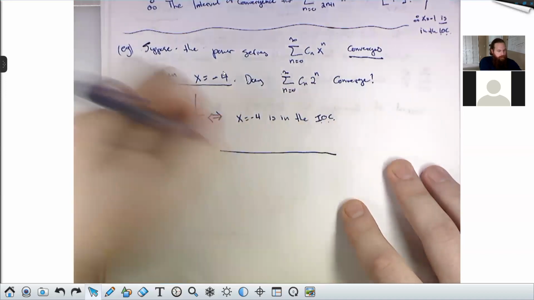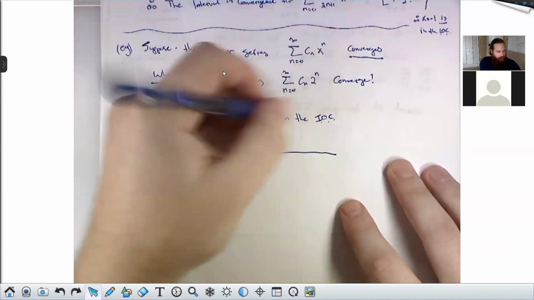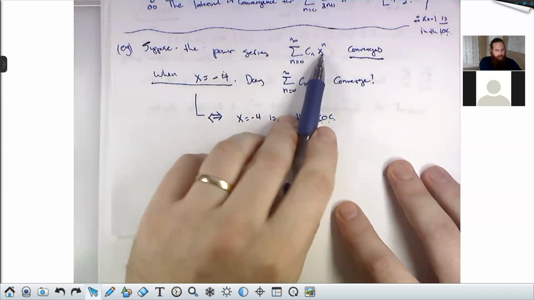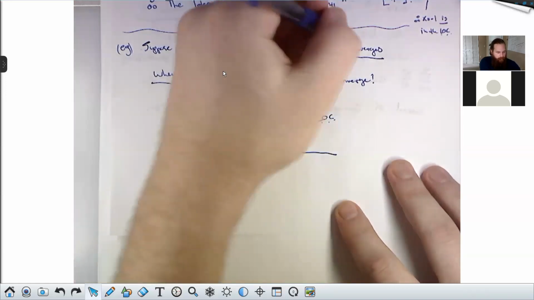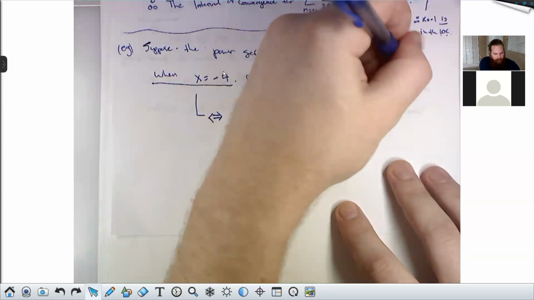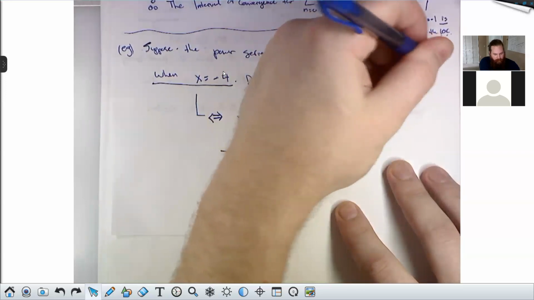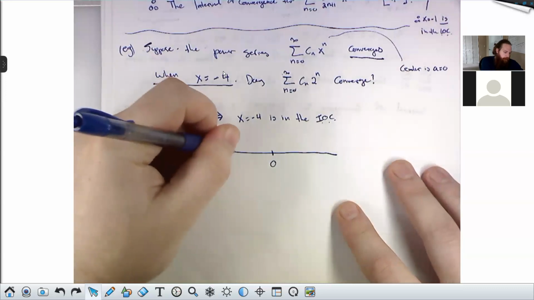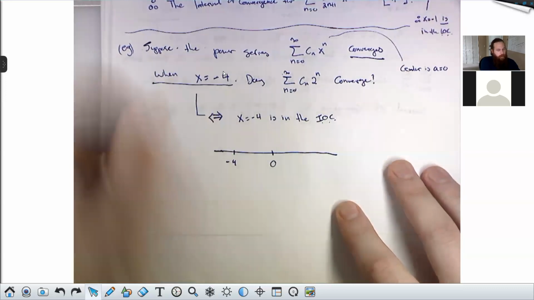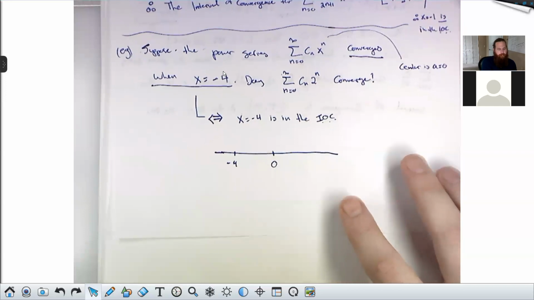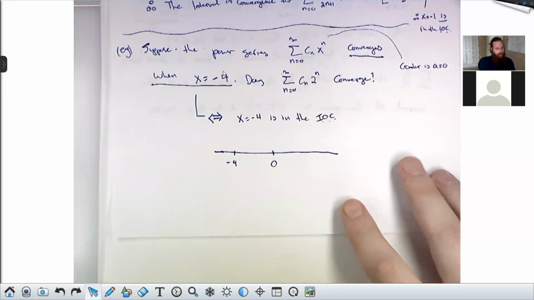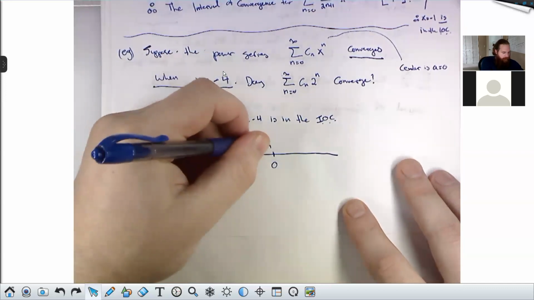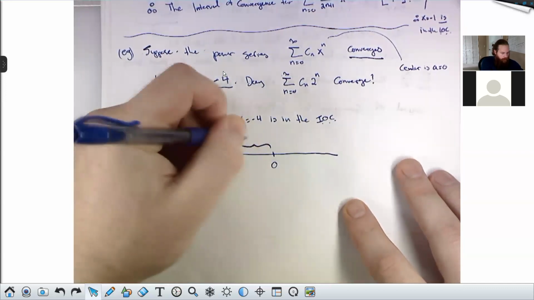So what does my interval of convergence look like? Well, my series is centered at 0. This series is centered at 0 because it's just x to the n. And I know that when you plug in -4, you get a convergent series, which means that R has to be at least 4.